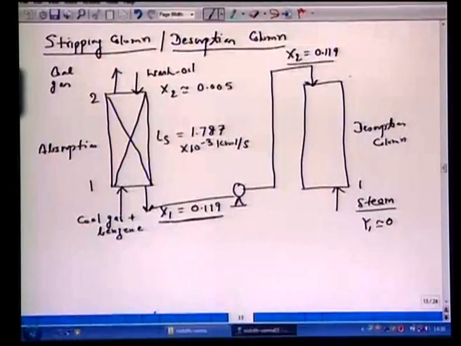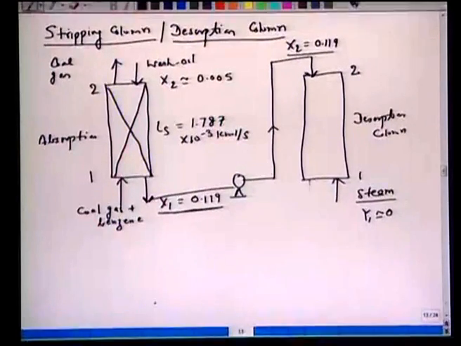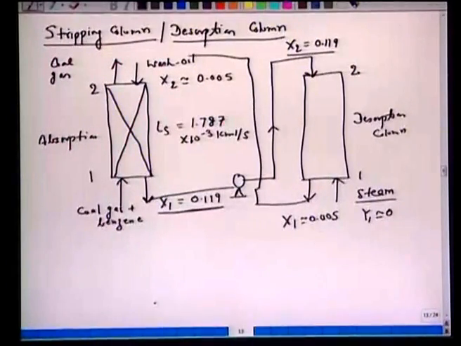This is level 1, this is level 2. The steam is used countercurrent to this liquid to clean the benzene, so that this fluid, which now contains x1 of 0.005, can now be fed to this absorption column.